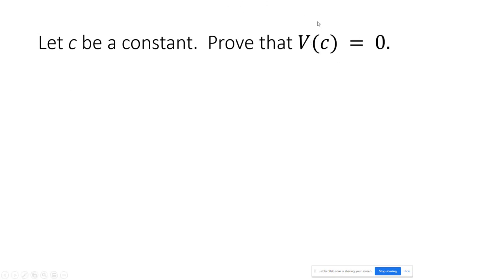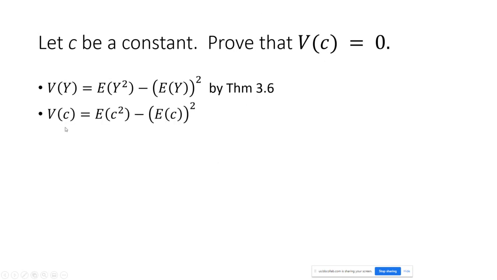So let's start by writing out the variance of C. And let's do that using theorem 3.6 to write that in terms of the variance of some random variable equals the expected value of the square of that minus the square of its expected value. So we can just do that using C as our quote-unquote random variable. That's actually a constant.